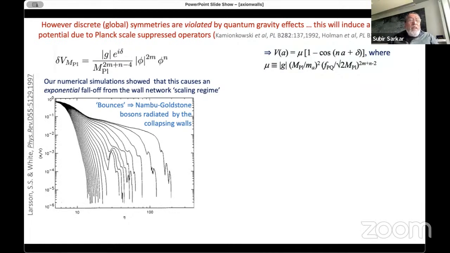So we did our numerical simulations for a generic tilt, and also something we call bias, which is the possibility that one vacuum gets preferred over others, because the field in which the symmetry breaking is occurring could be light compared to the Hubble parameter during inflation, in which case it will do a random walk during inflation. It will take a step of order the Hubble parameter every Hubble time, and the random walk means that it will get away from the minimum by the square root of the number of steps.